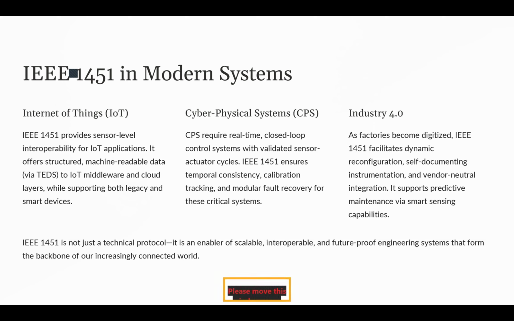So this standard basically gives us deterministic timing and error isolation, which is very important when we talk about closed loop control. An example is autonomous systems, and it is very important when we talk about critical infrastructure.